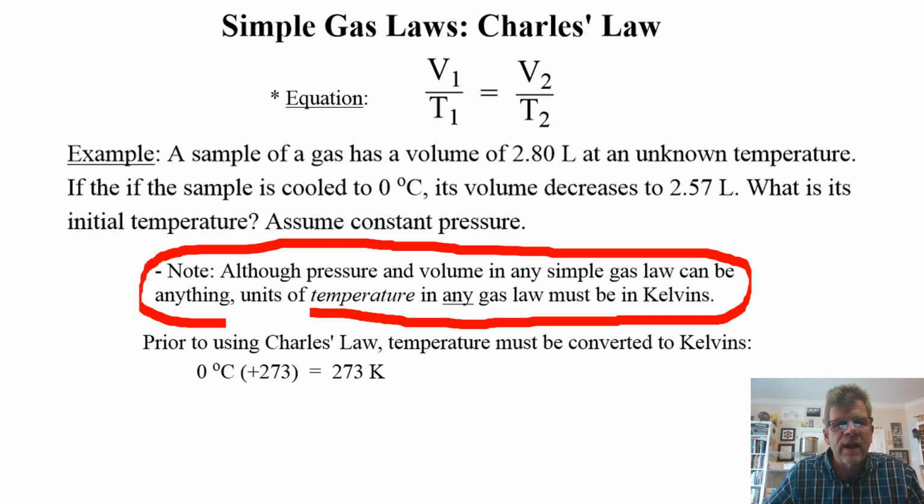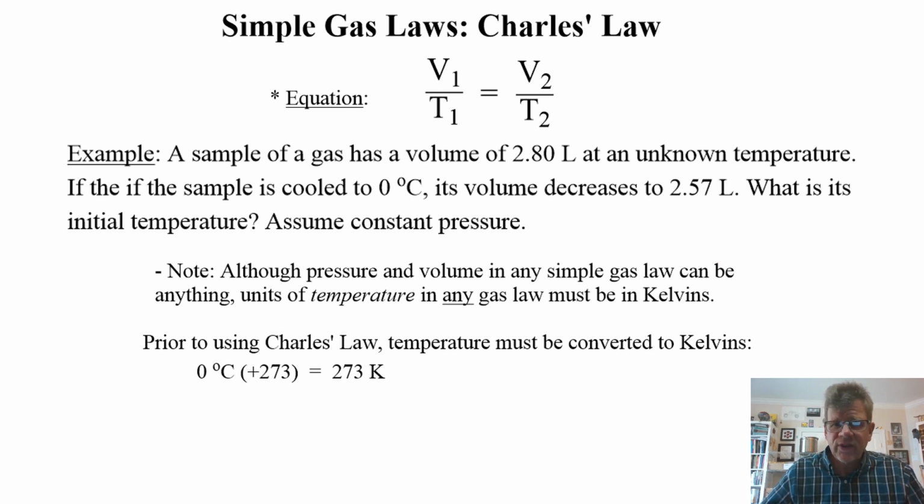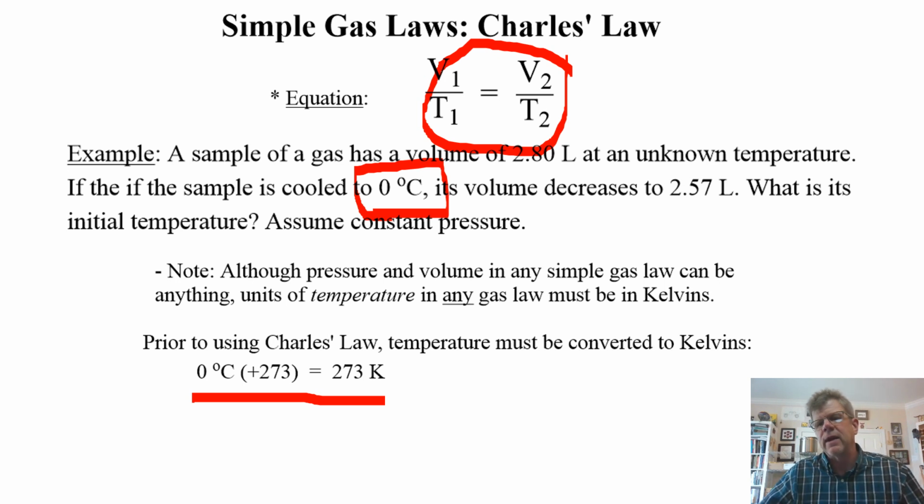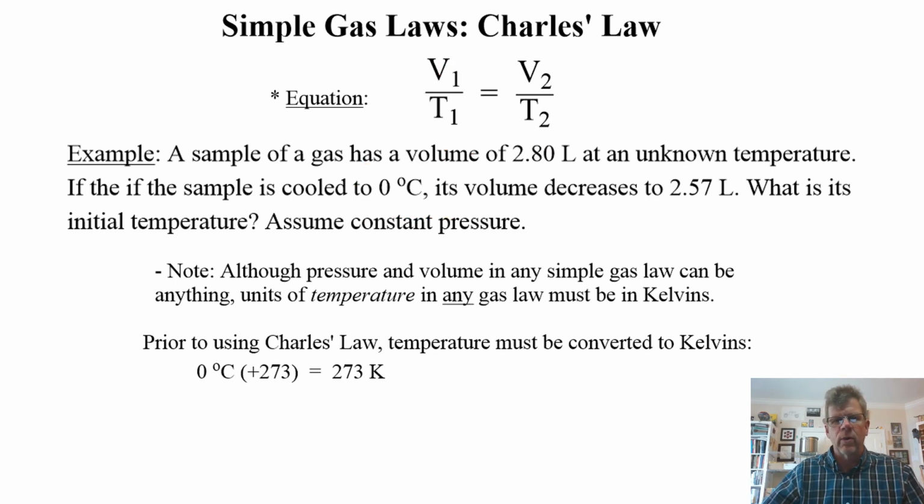If you don't put it into kelvins, it will not work out properly. So in this example problem, we do have a temperature, but it is in degrees Celsius, 0 degrees Celsius. So we need to convert that to kelvins before we can plug into Charles' law. That's a classic mistake made by many students before. So always remember, any gas law that has a temperature, just convert it to kelvins, and we'll be off.